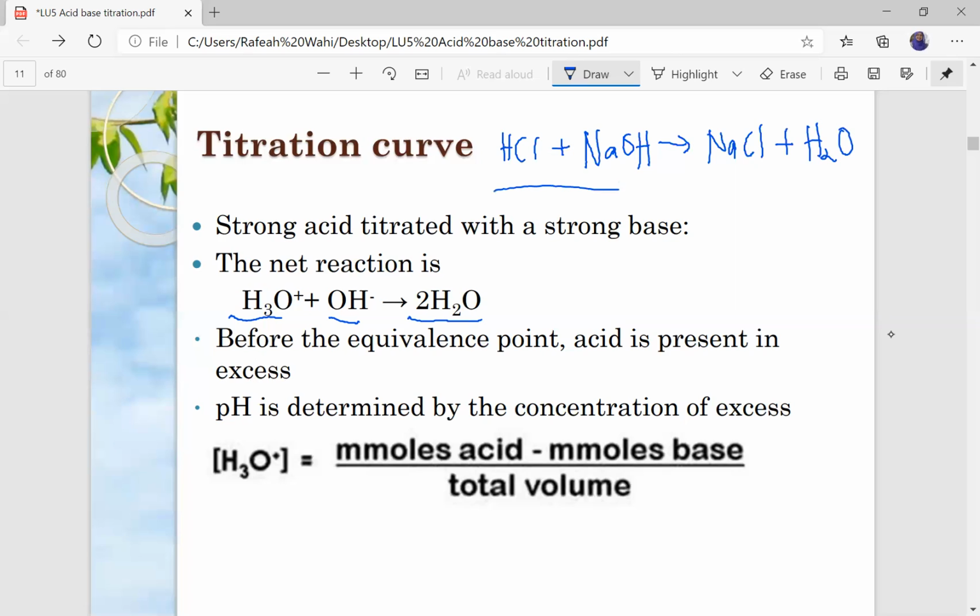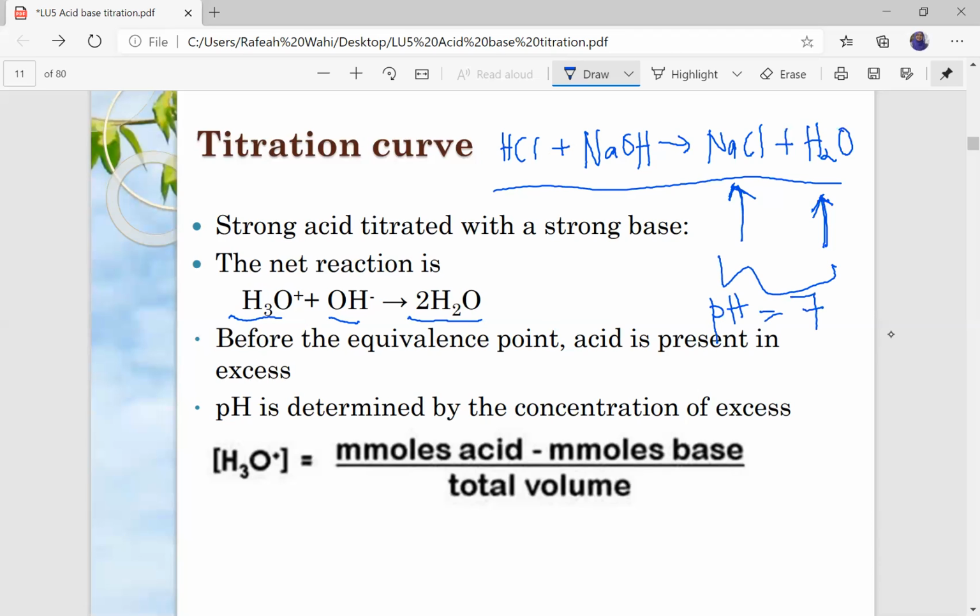This is what we have learned in Learning Unit 4, Acid-Base Equilibria, whereby any reaction between a strong acid and strong base will result in salt and also water. What happens when those reactions give us salt and water? It means that we can predict that the pH at the equivalence point is always pH 7.